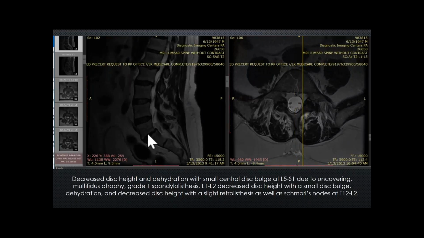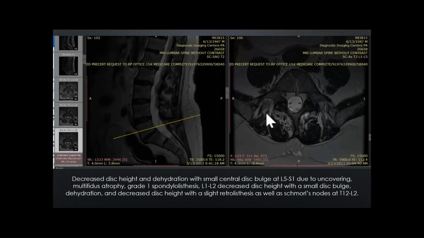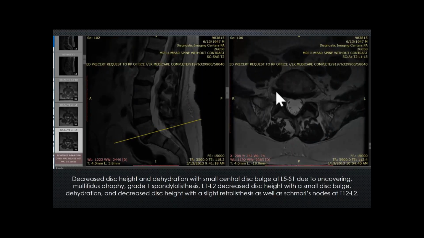There's also what's called some uncovering of the disc, which is where you get this disc bulge on the lip here, which is going to look very interesting here on the axial. It tends to look like this long, dark line, which is what's called uncovering of the L5S1 disc.